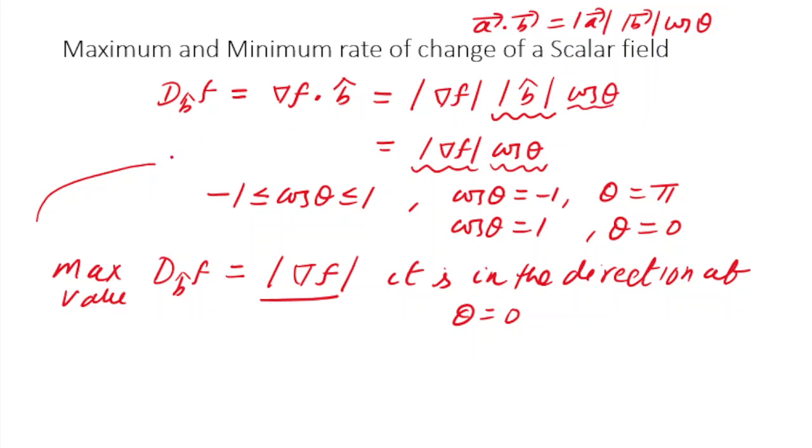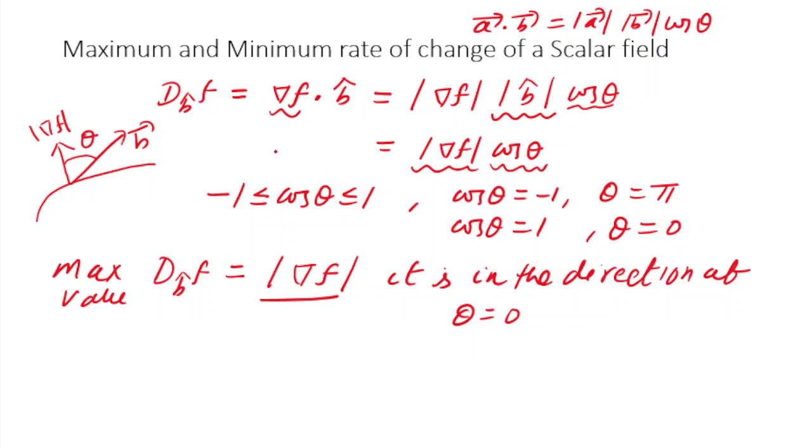It is the angle between, what is del f? Del f gives you the direction of the normal vector, and suppose this is the vector b, right? So theta is the angle between the vector b and the vector del f. Yes or no?